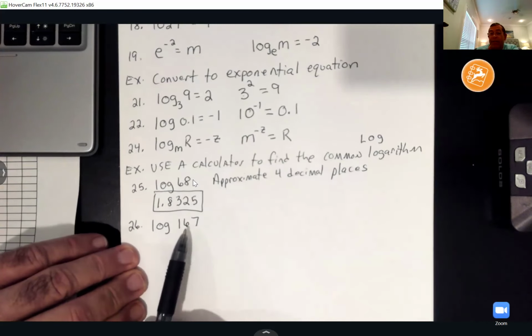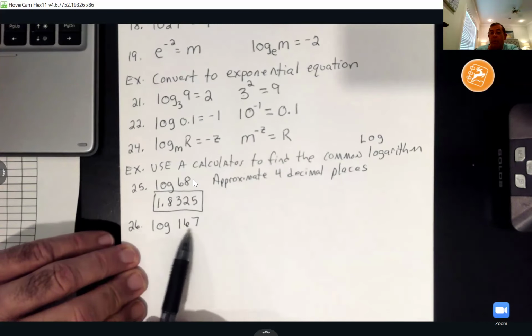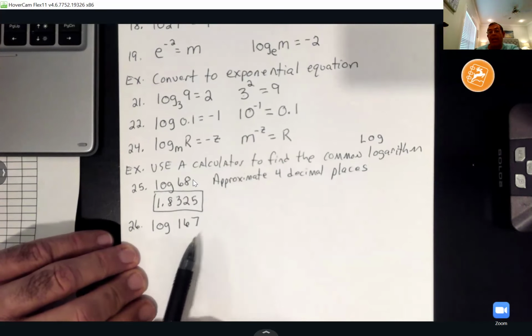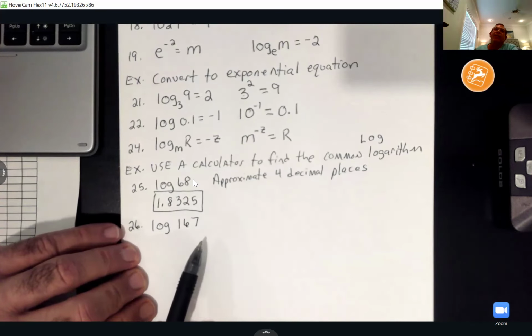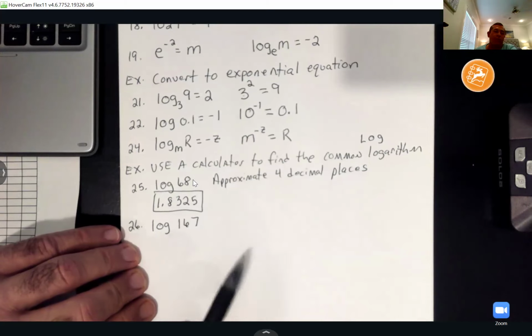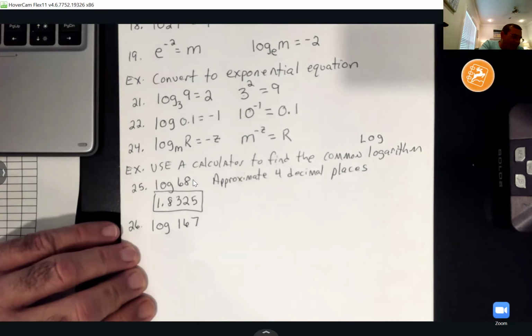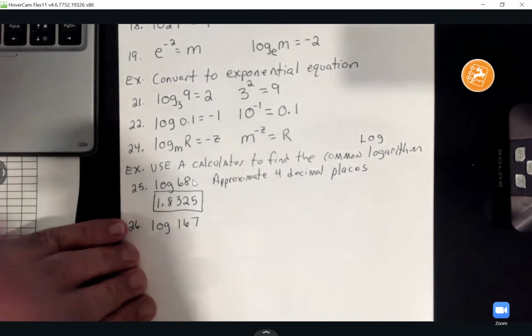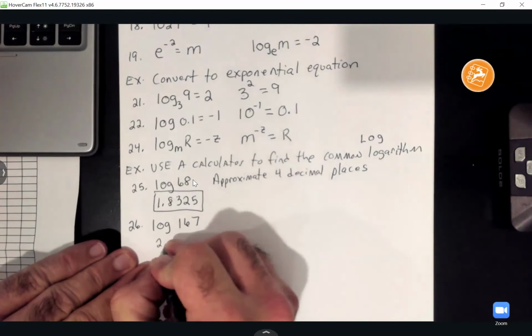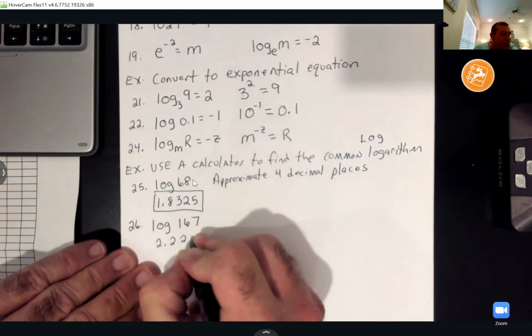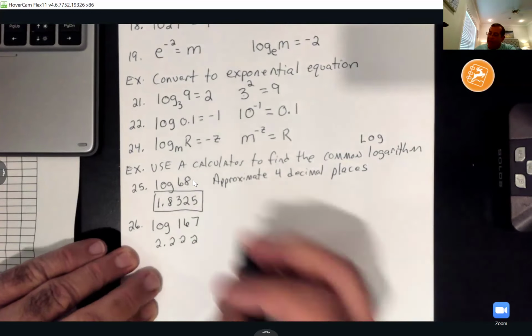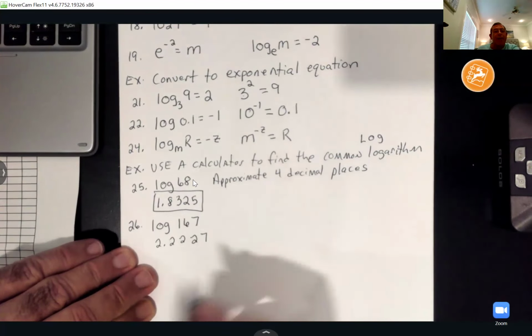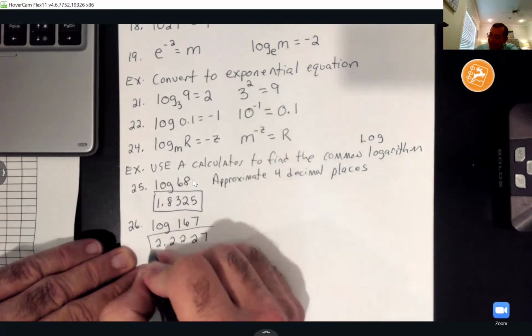And I will say this, 167 is in between 100 and 1,000. So this exponent's got to be in between 2 and 3. 2.2227. 2.222. Yeah, because the 7 has a 1 after it. So good job. That will stay a 7.